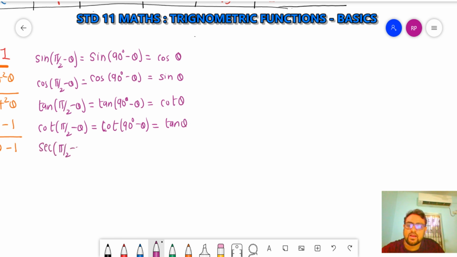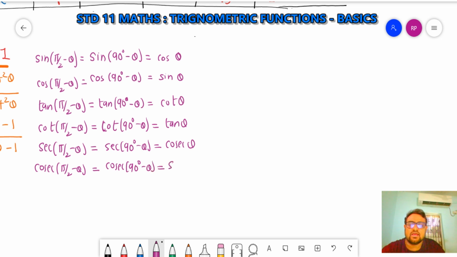Sec pi by 2 minus theta, that is sec 90 degree minus theta, is equal to cosec theta. And cosec pi by 2 minus theta, that is cosec 90 degree minus theta, is equal to sec theta. Okay, now see, whenever there is 90 degree minus theta, it will always be equal to its complementary angle.